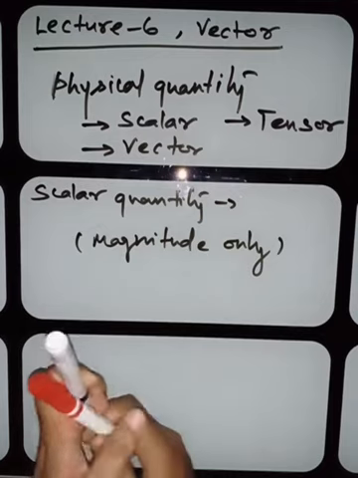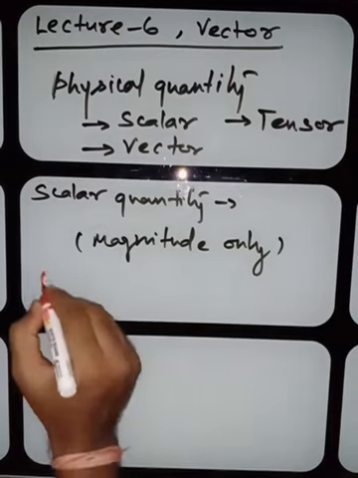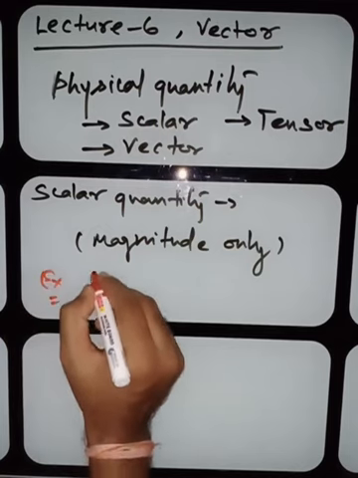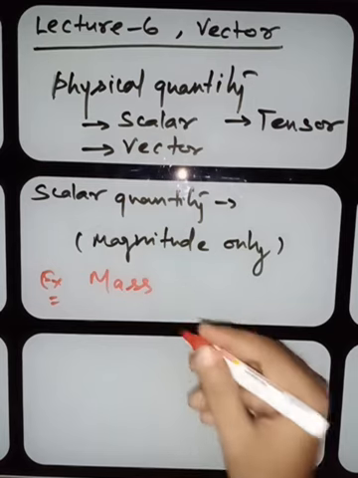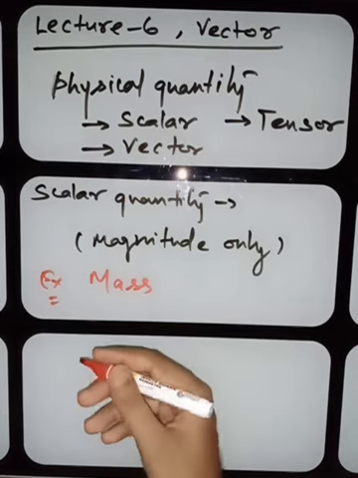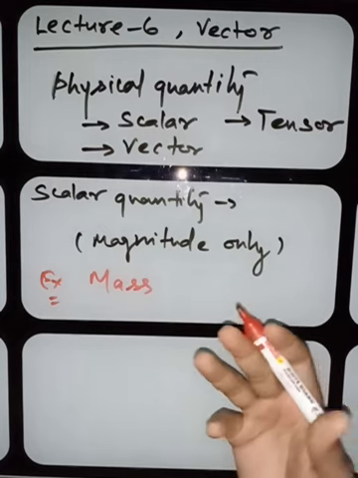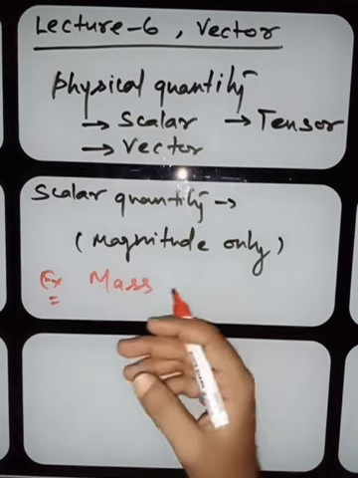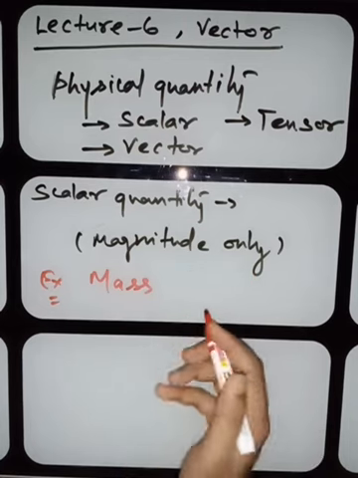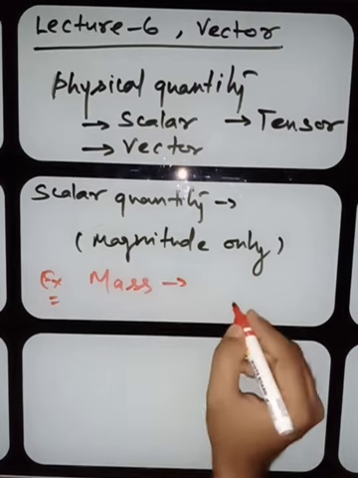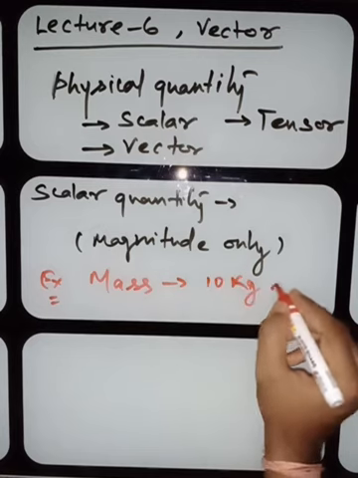Let me give you some examples. If we talk about the mass, whenever we talk about the mass in physical quantity, in the chapter Units and Measurement, you have studied about the unit of mass. You go to the market and ask the shopkeeper to give you 10 kg of potato, or the sugar.